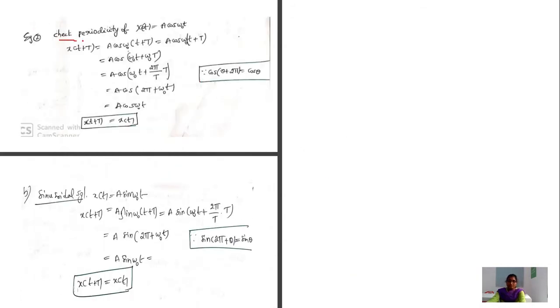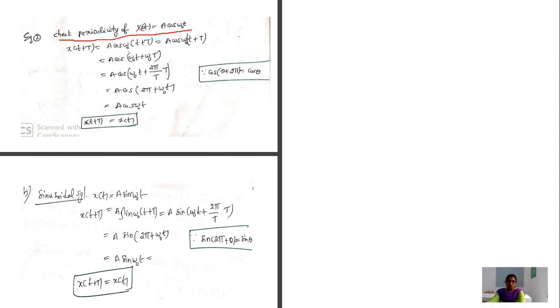Example. Checking the periodicity of A cos ω t. Whether this cos signal is periodic or not. I told you in the last slide, it has to follow the equation. It has to satisfy the condition x(t + T) = x(t), right?